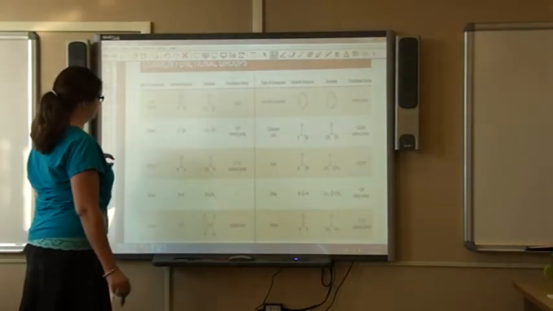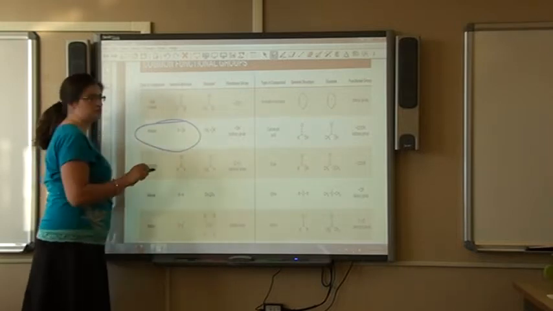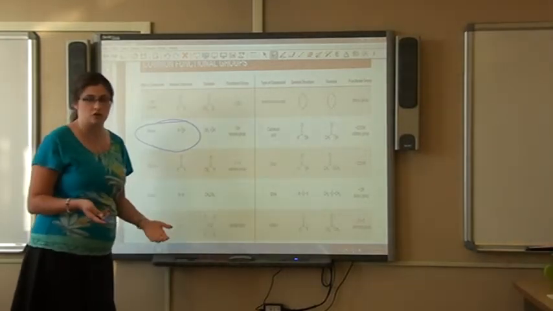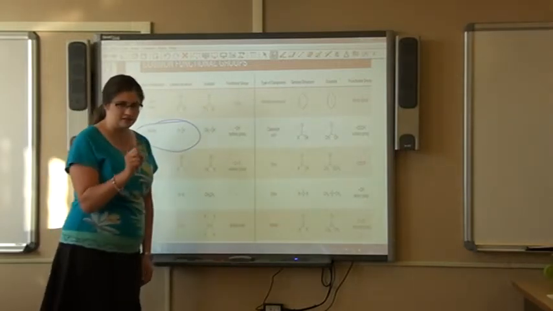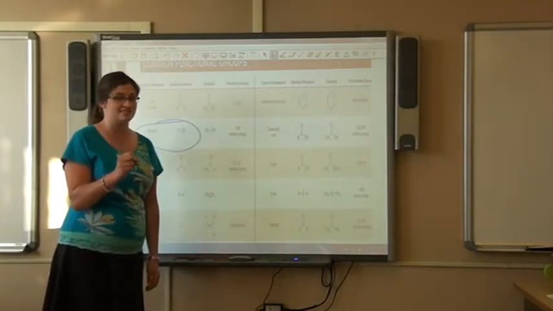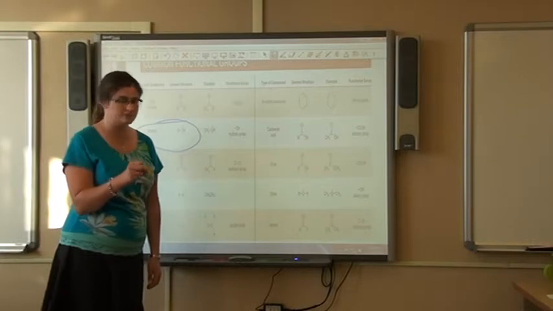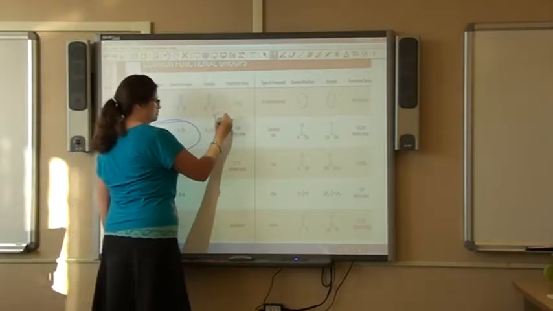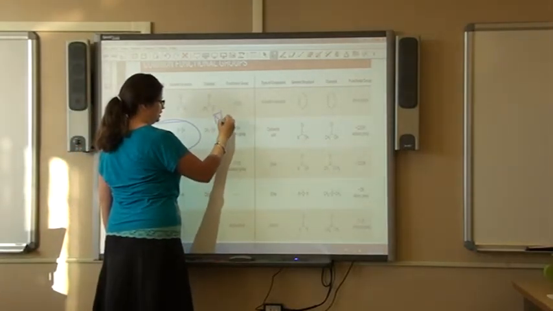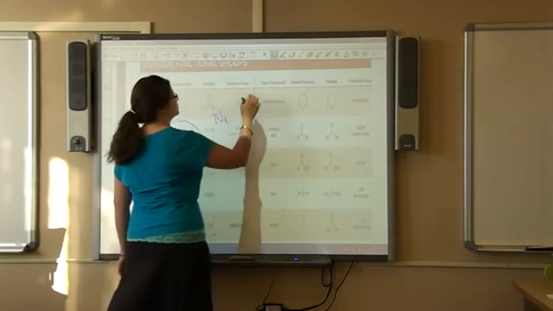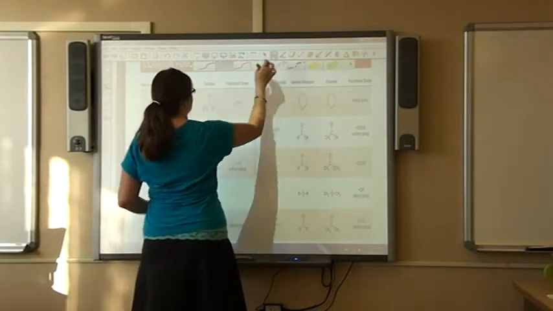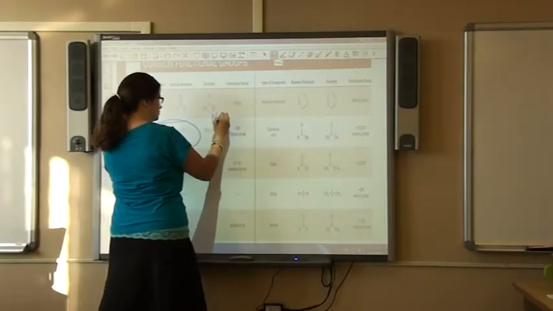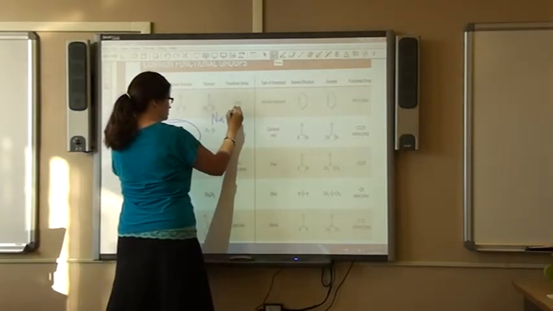Let's find here. This is one of the easiest functional groups, the alcohol group. Alcohol group looks exactly like what a base looks like in general chemistry, right? We had NaOH.